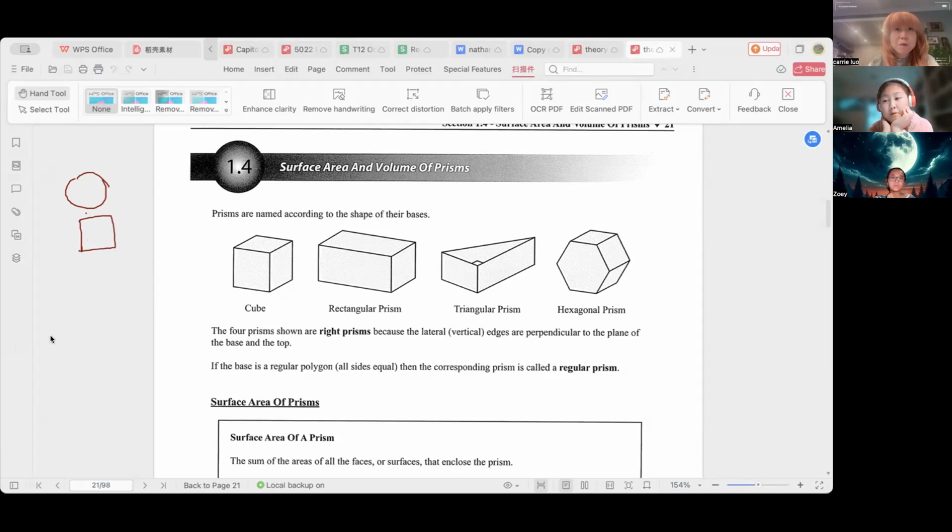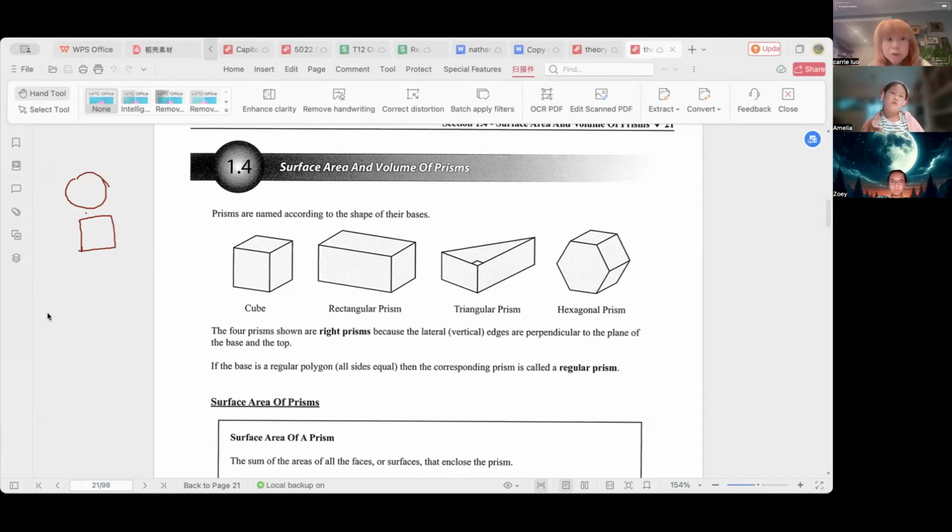So how do we call this one? So when we're calculating the variable, we call it algebra, right? So what is the name of when we calculate the area and something like that? Math. Geometry. Yes, so it's called geometry, right?